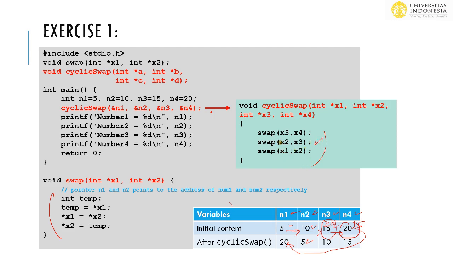The next step is to swap x2 with x3, meaning that the second and third elements are exchanged. So 20 will be moved here and 10 will be moved there. And finally, it swaps x1 and x2, meaning that 20 will be n1 and 5 will be n2. So this kind of cyclic rotation is a right cycle.